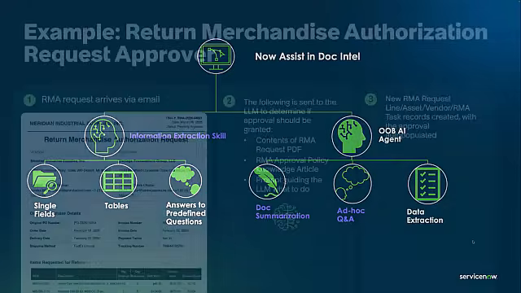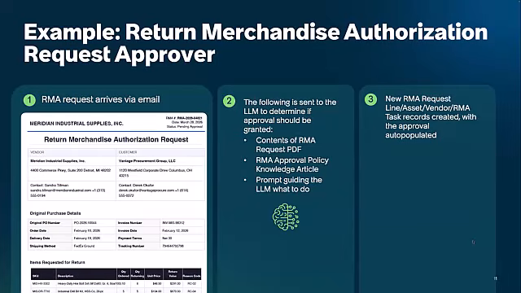Awesome. And so moving on to the actual use case we will be building today: RMAs, return merchandise authorizations. I only heard about these last week, but this felt like a really good fit for this particular use case that I wanted to show off.